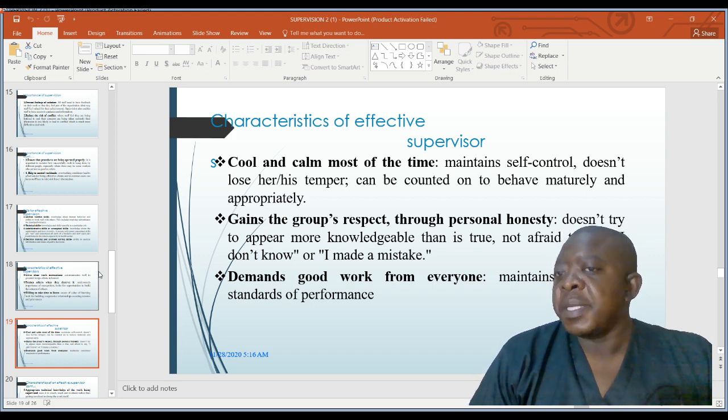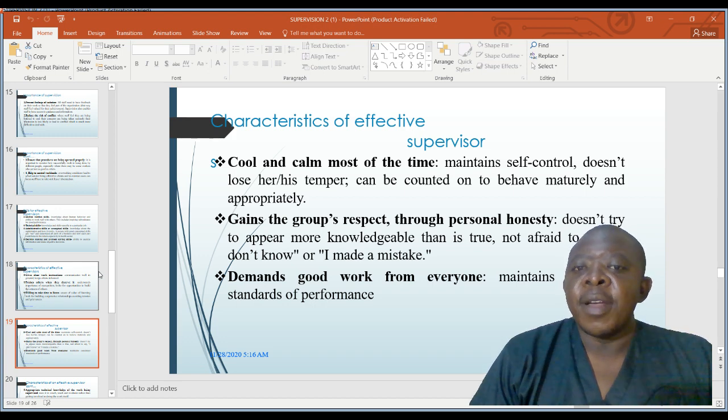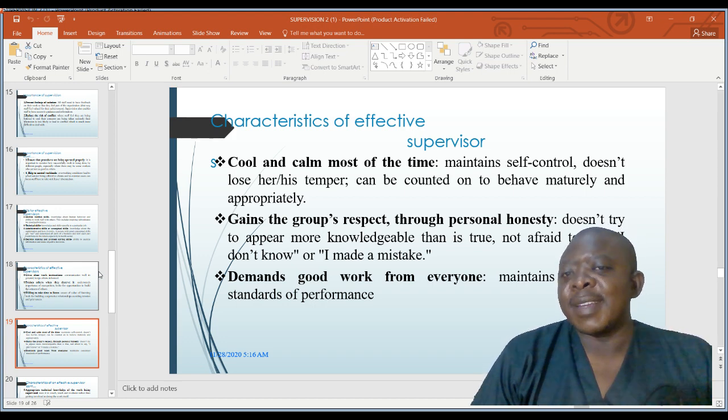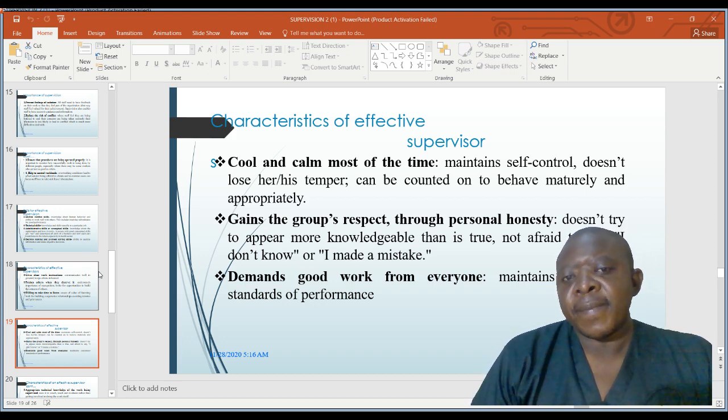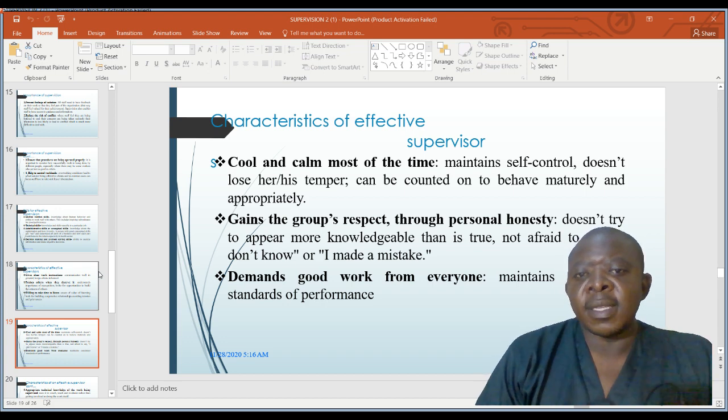What this means is he doesn't try to appear more knowledgeable than is true, but is not afraid to say, I don't know, I made a mistake. So here you gain the group's respect through personal honesty. Demands good work from everyone. This is a characteristic of an effective supervisor because it helps in maintaining consistent standards of performance.